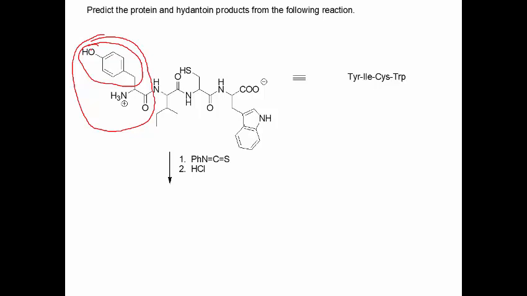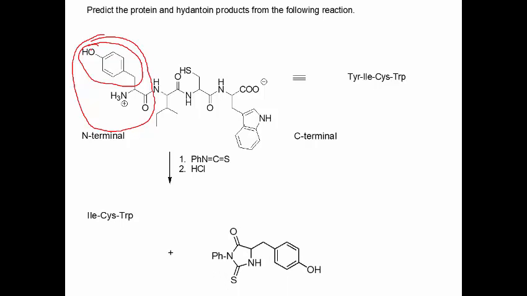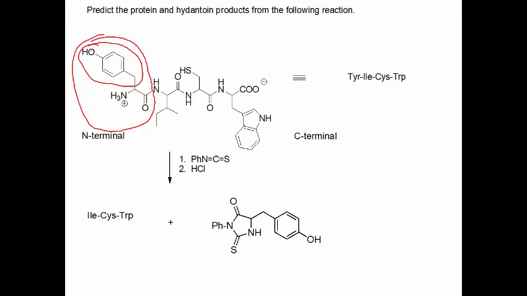So we're going to see two products. We're going to see as our protein product isoleucine, cysteine, tryptophan, and as our hydantoin product, that product right there, which has, again, the hydroxybenzyl unit of tyrosine incorporated into the hydantoin structure.